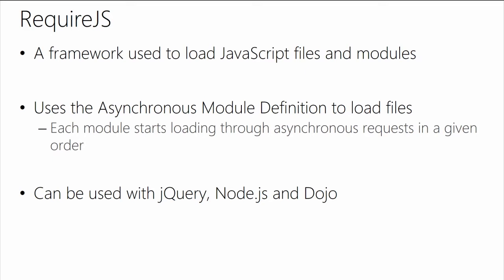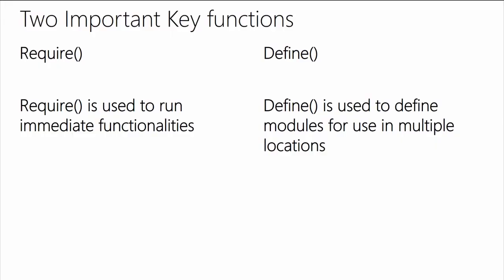And require.js can be used with jQuery, Node, like I just said, and Dojo. So two important key functions to remember are the require function and the define function. You're going to use the require function when you need immediate functionality, when you need it to run the code right then and there. And define is more so when you're just going to define the function and then it can be called upon later.